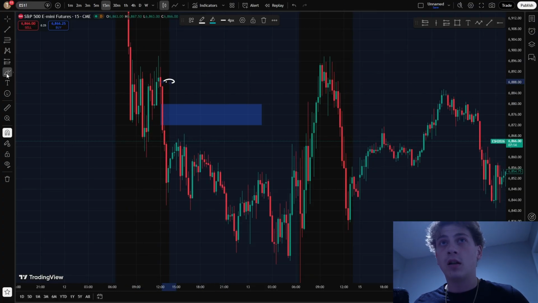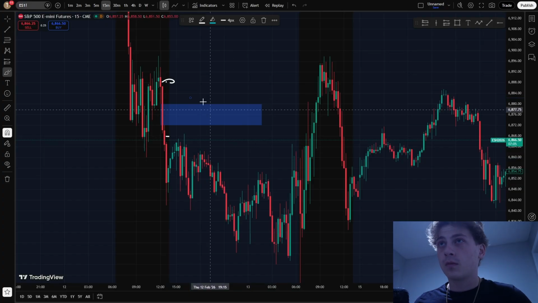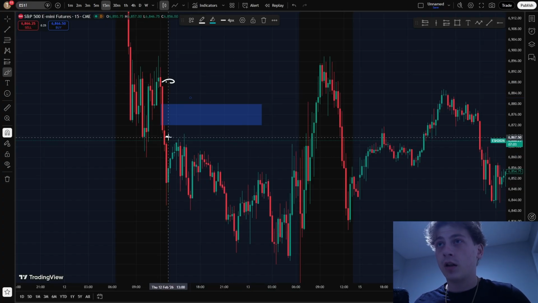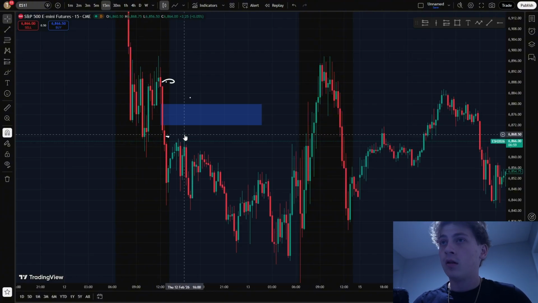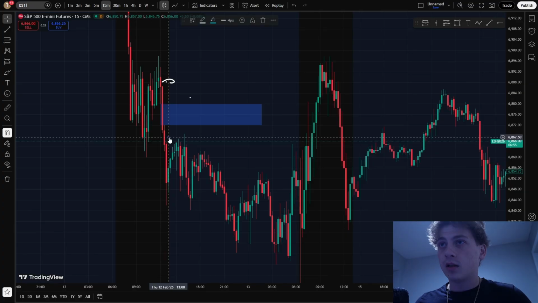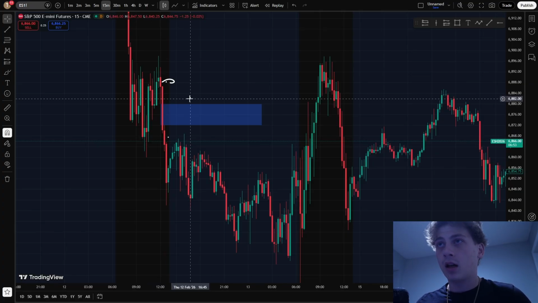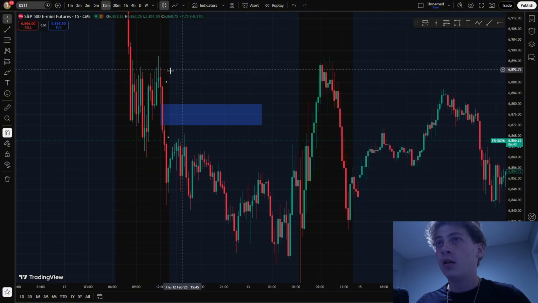It starts here and it's going to end here on this candle. So it's 3 candles, 1, 2, 3. And where you're going to mark out is the middle section, because that is the part where we didn't get anything filled.